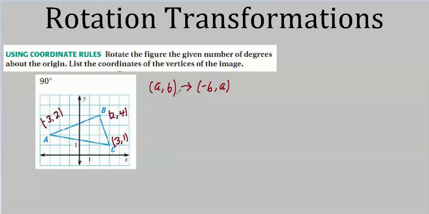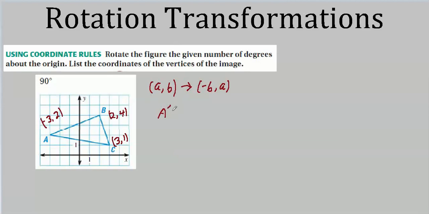It's pretty easy. We can start over here at A, our new A anyway. What should we call it? I got an idea. Let's call it A prime. That's a good label for an image. The pre-image is A, the image is A prime.